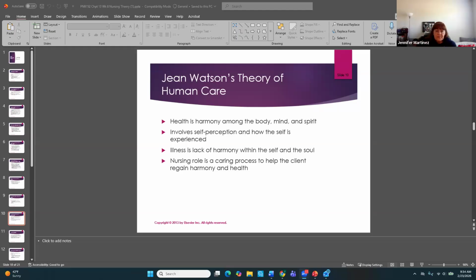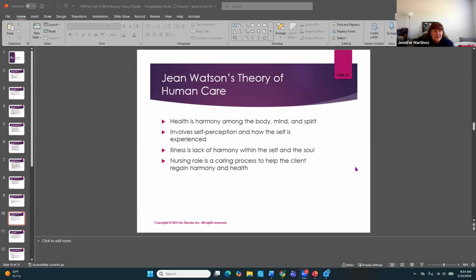They're missing something. They need information, they need treatments, they need assistance in taking care of themselves. So we're meeting those demands. We're educating, we're providing treatments. So there are lots of different ways that you can see how these will be incorporated into your nursing care.